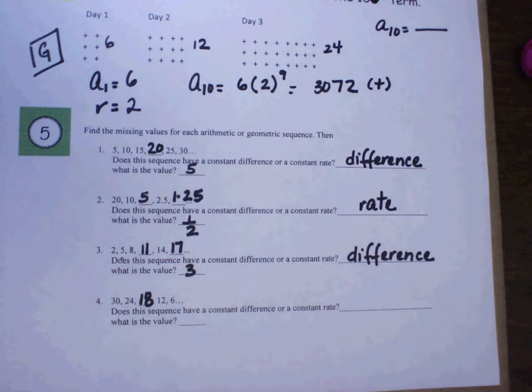Do we understand the difference between a difference and a rate? A rate is per unit. You multiply. That's what I did to figure out that I needed more than 80 cookies to bring today so that each one of you could have one. I multiplied a cookie by all the kits that I have, correct? That's a rate.